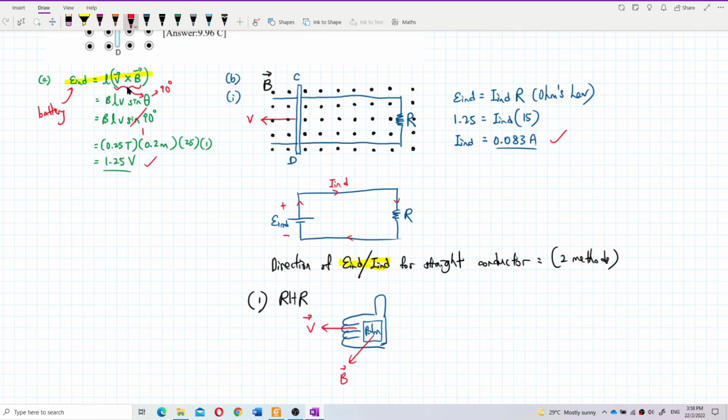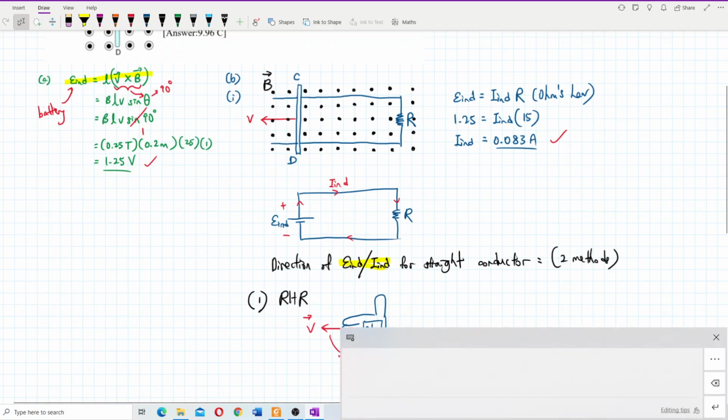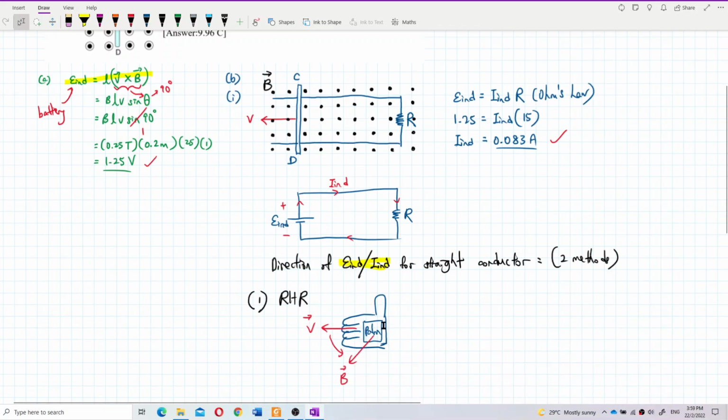Because it's V cross B, the forefinger is V and the magnetic field is the palm. And finally, the induced EMF is the thumb. The thumb is the induced EMF, or you can say the direction of the induced current.